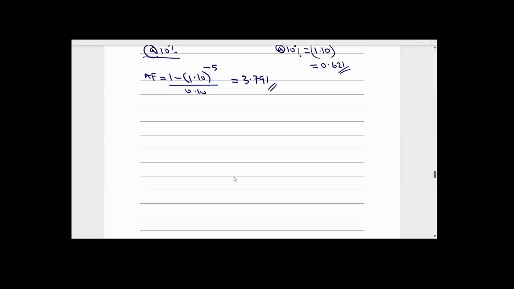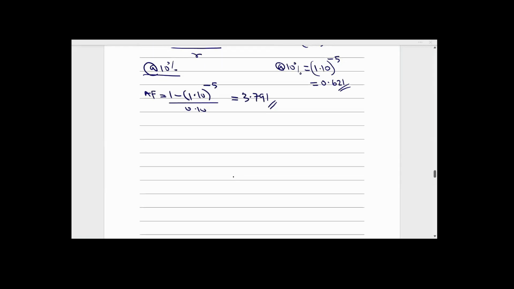So let's solve this question together. Solution to illustration number 8. Page 46. Is it 46? I think so. Yes, page 46.